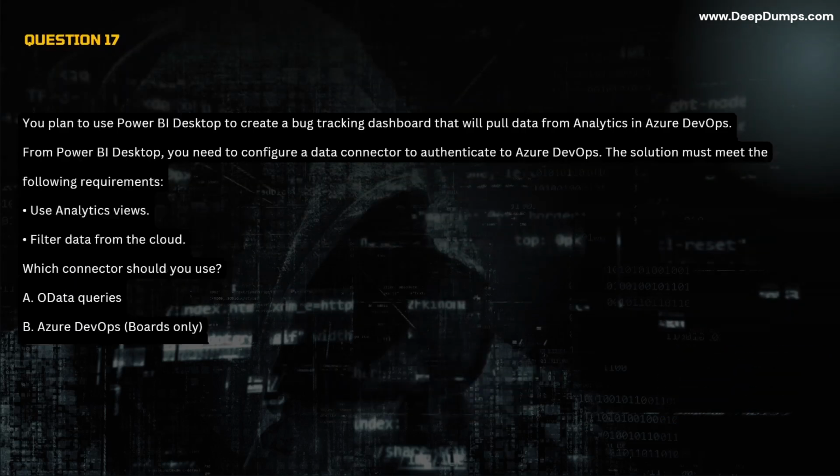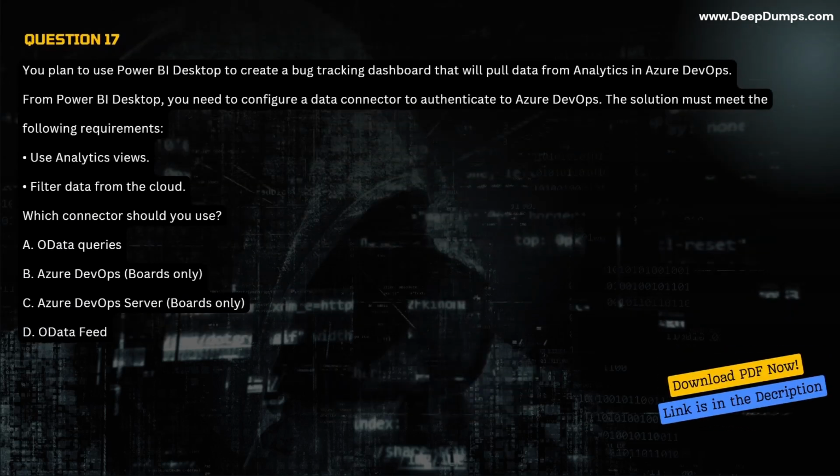Question 17. You plan to use Power BI Desktop to create a bug tracking dashboard that will pull data from Analytics and Azure DevOps. From Power BI Desktop, you need to configure a data connector to authenticate to Azure DevOps. The solution must meet the following requirements. Use analytics views. Filter data from the cloud. Which connector should you use?